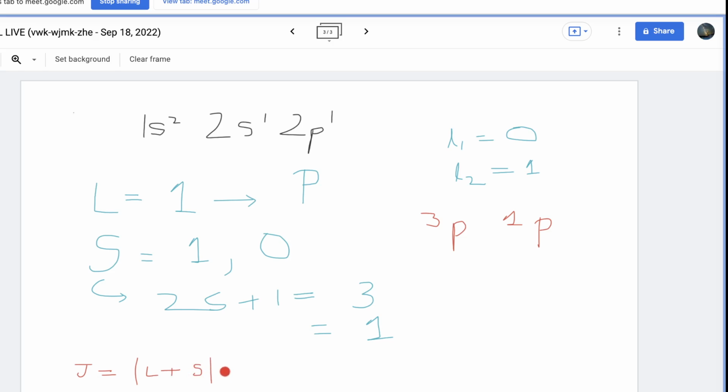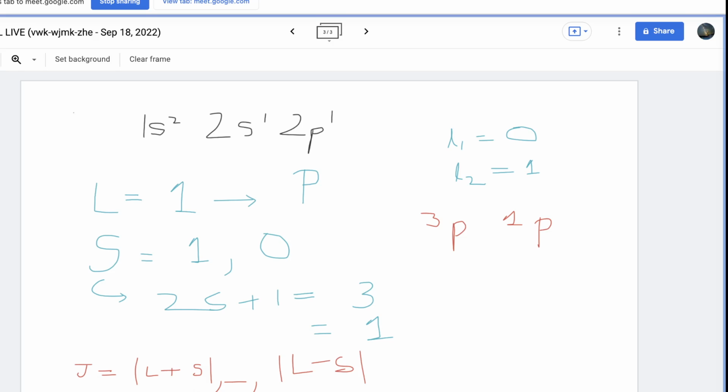So when there is spin orbit coupling, J comes, and it goes from L plus S down to L minus S. So my J value will be L plus S, that is 1 plus 1, that is 2, or 1 plus 0, that will be 1, and 1 minus 1, that is 0, or 1 minus 0 is 1 again.